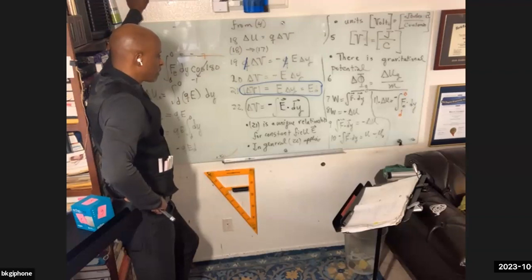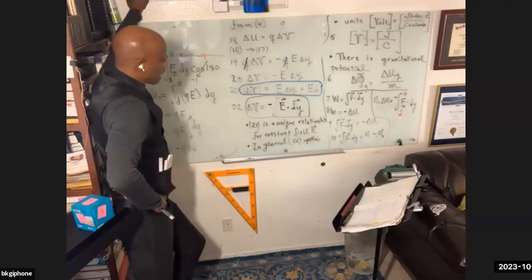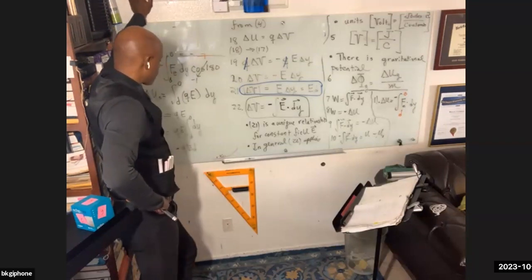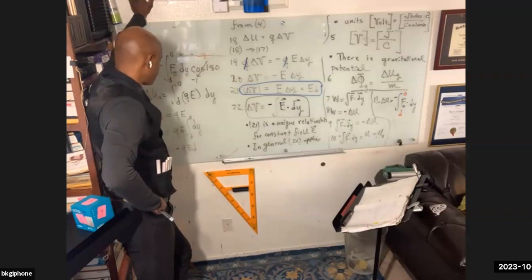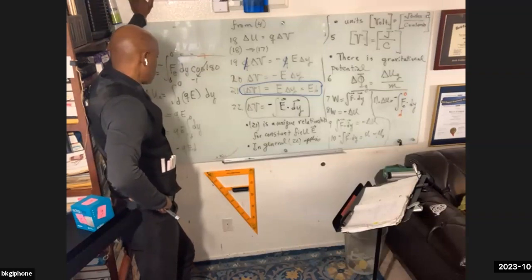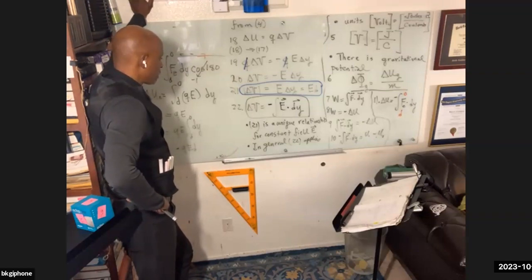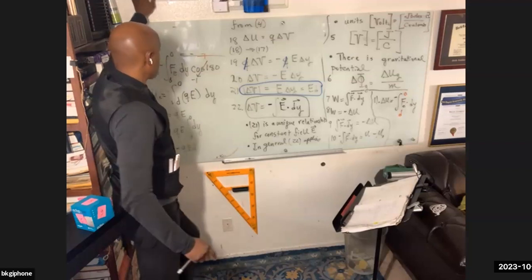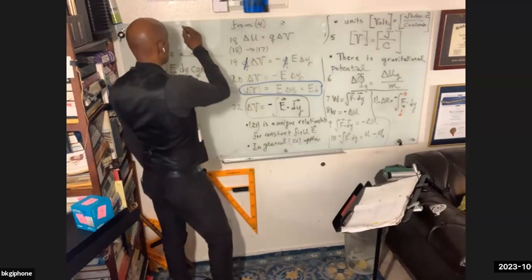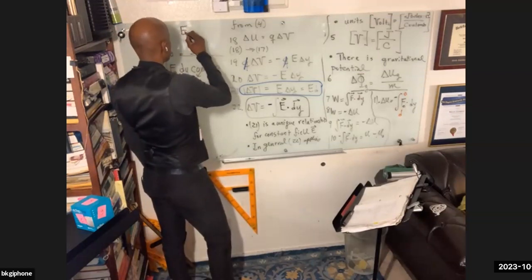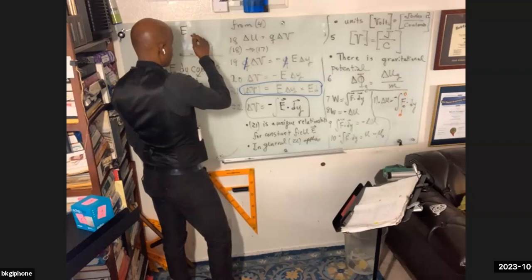I meant the direct relationship between the potential and the field, the energy and therefore the potential in the field. The direct relationship between the force and the field is just the definition of the electric field. I said that earlier, so I misspoke. I was thinking potential and I said force.